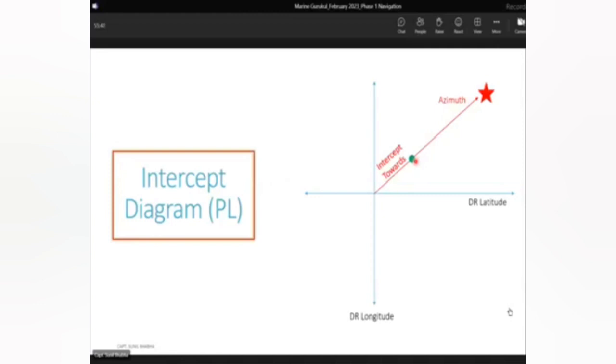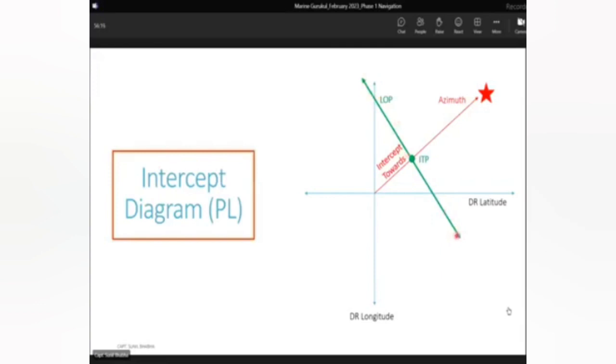Now this is the point from where the PL, the position line, will be passing, and the direction of the PL, as always, will be perpendicular to the azimuth of the body. So this is the ITP, the intercept terminal point, and we have the PL also plotted on the diagram now. The green line with double arrows marked on both the ends is our position line.